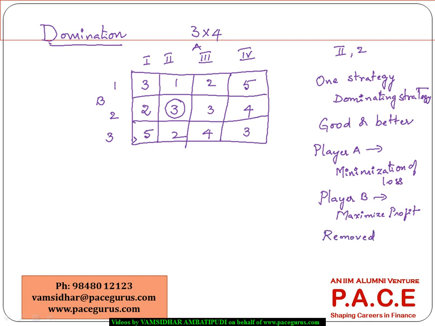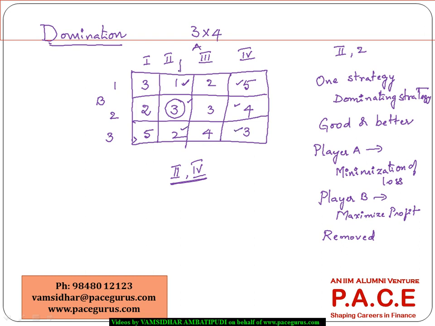Now, let's try to understand this case. Look at strategy number 2 versus 4 of A. What are you seeing? Here the loss is 1, whereas it is 5, so this is lesser. Here the loss is 3, here it is 4, lesser. Here the loss is 2, here the loss is 3.